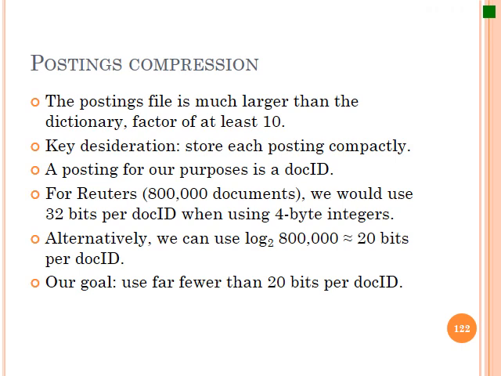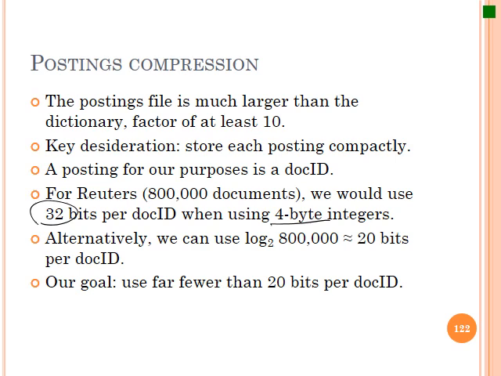So we would need log of that number of bits, which is 32 bits per document ID, which is actually a 4 byte integer. So by default, without doing anything, you need a 4 byte integer to store the document ID.